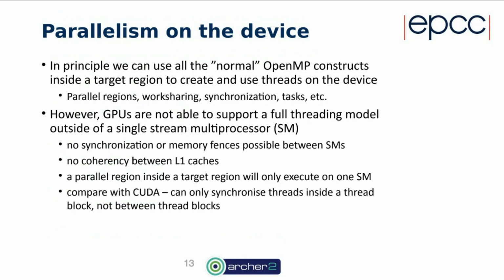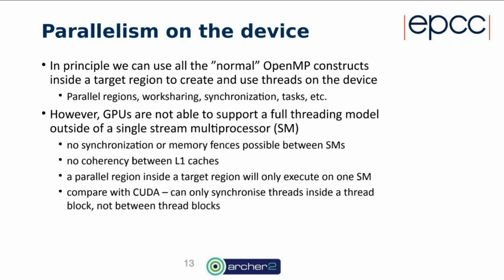Okay, so that's really how data is handled. Now we have to think about parallelism on the device. In principle, we can use all the normal OpenMP constructs inside a target region to create and use threads on the device: parallel regions, work sharing, all the synchronization constructs, tasks, et cetera. However, GPUs can't really support this.